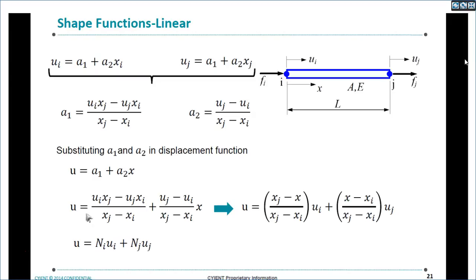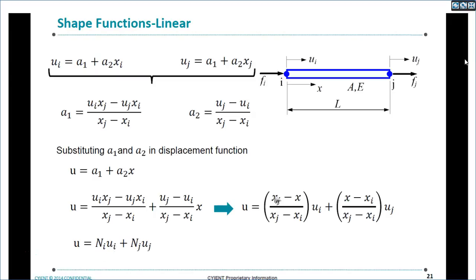Now we rearrange this equation in terms of ui and uj. Then the displacement function is nothing but (xj minus x) by (xj minus xi) times ui plus (x minus xi) by (xj minus xi) times uj. So we can write it as u equals Ni ui plus Nj uj.